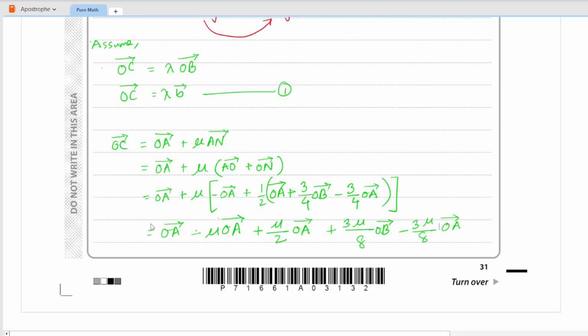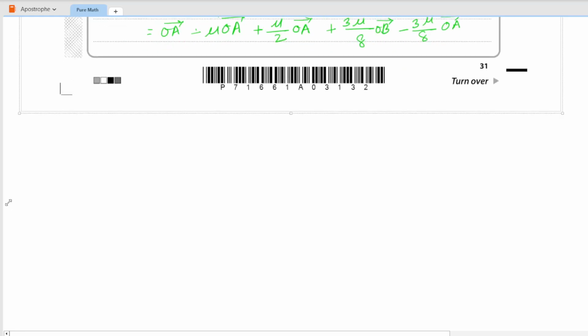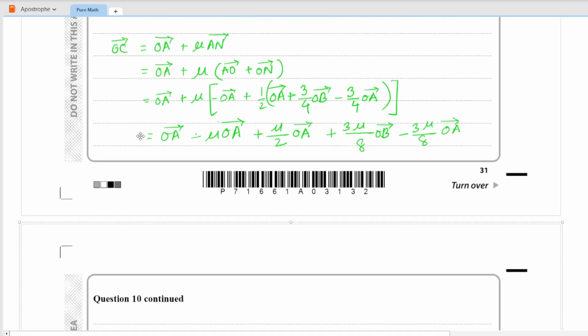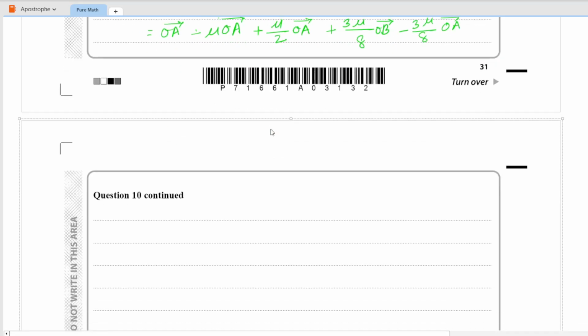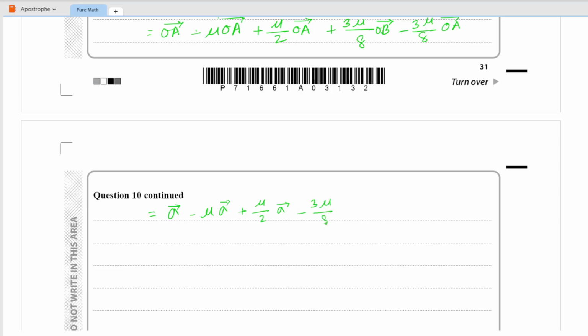If I'm not mistaken, this is the result. And we just calculate now, or we can replace the value as well. a minus mu a plus mu over 2 a minus 3 mu over 8 a plus 3 mu over 8 b.